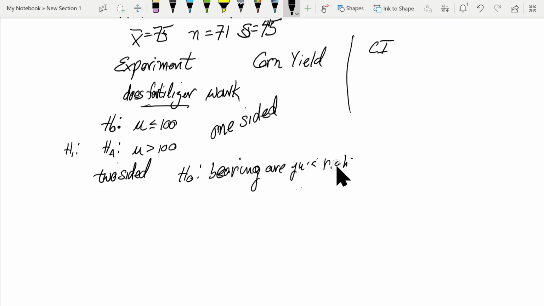This is Goldilocks. This bed is too hard. This bed is too soft. Or this bed is just right. So a two-sided hypothesis is a Goldilocks hypothesis. It's not this, it's not that, it's just right.